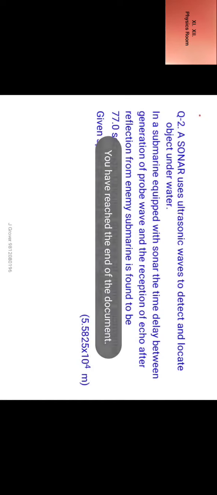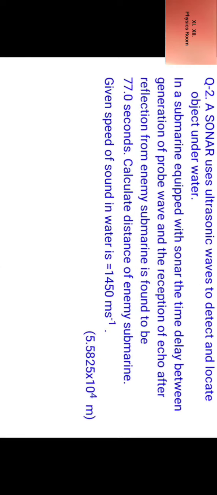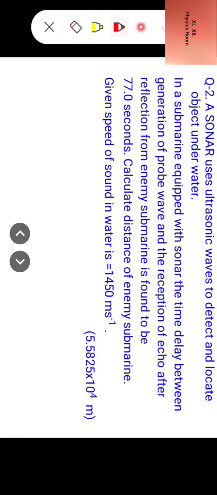Now question number 2. A sonar uses ultrasonic waves to detect and locate objects underwater. In a submarine equipped with sonar, the time delay between generation of probe wave and the reception of echo after reflection from enemy submarine is found to be 77.0 seconds.